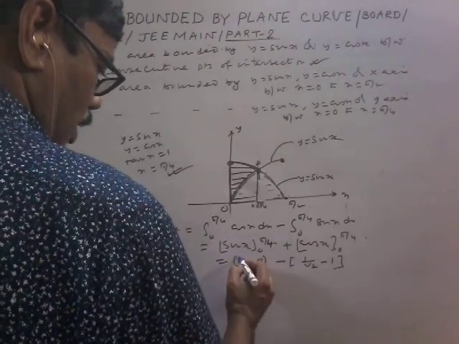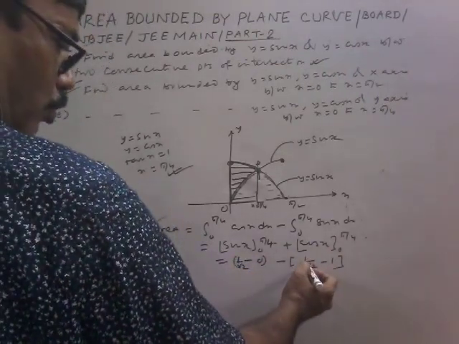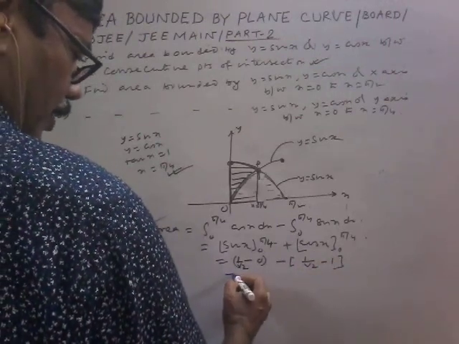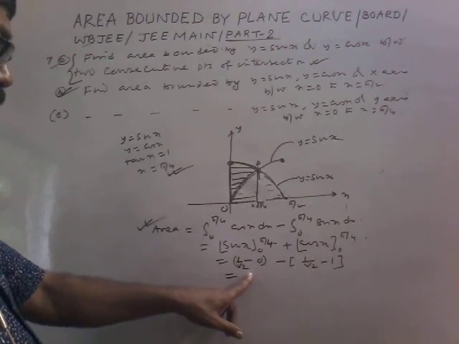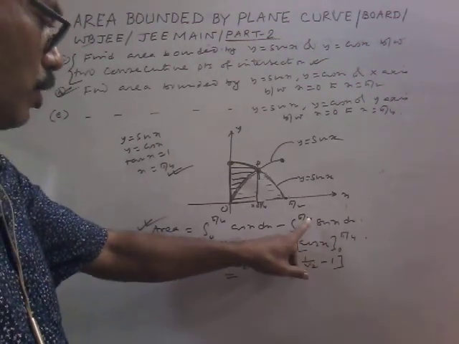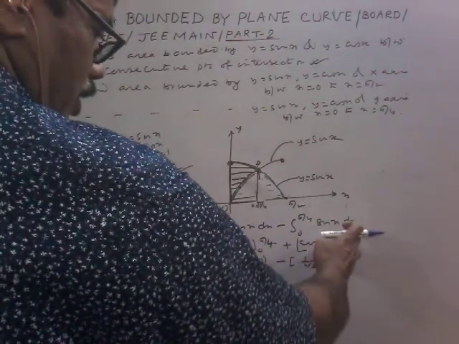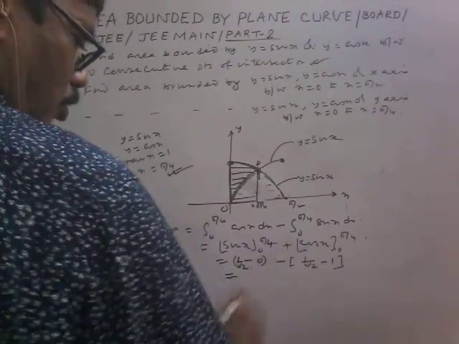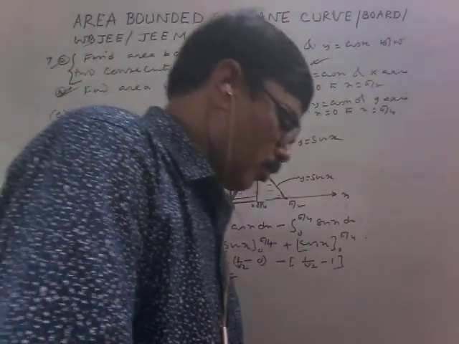So this is 1 by root 2 minus 0. Sin pi by 4 is 1 by root 2, sin 0 is 0. And this is plus cos pi by 4, which is 1 by root 2, and cos 0 is 1.